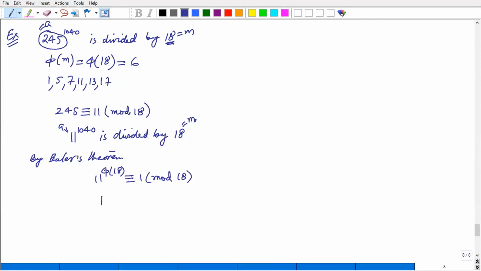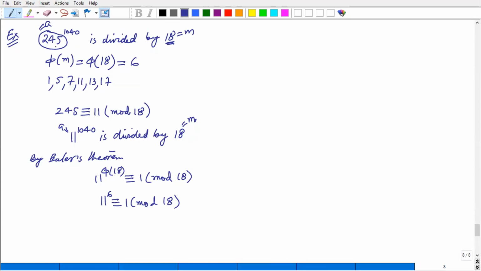In other words, 11 to the power 6 is congruent to 1 modulo 18. So whenever we have 11 to the power 6, we can write 1 in modulo 18.